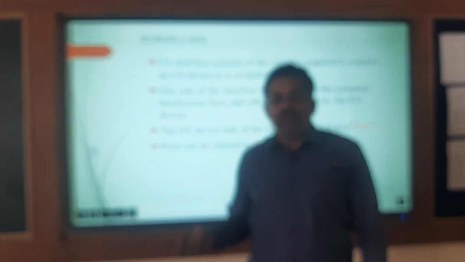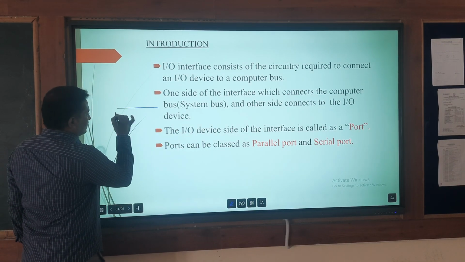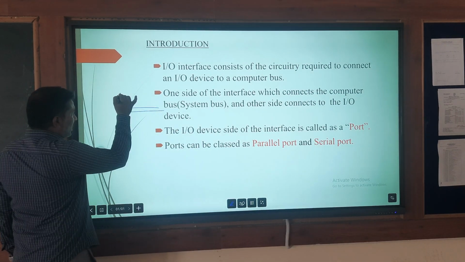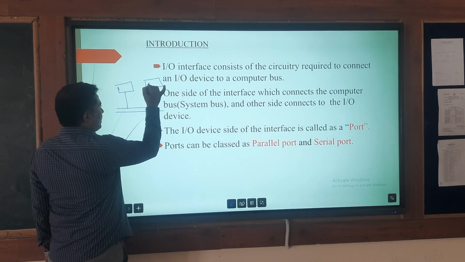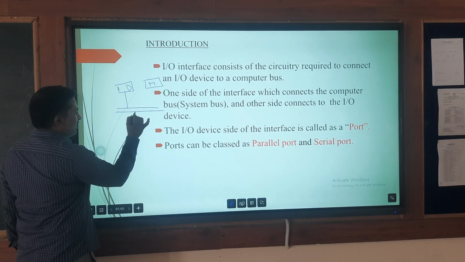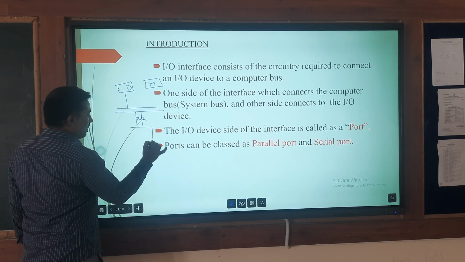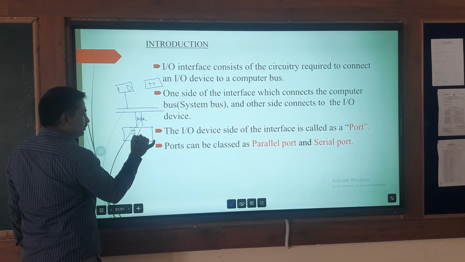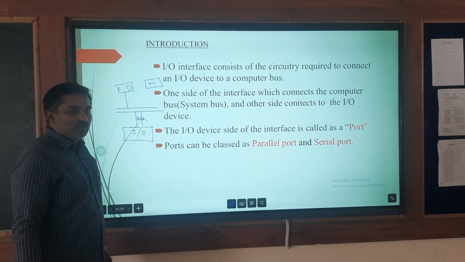For example, see my friends, this is my bus, and here we have the processor, and here we have the memory, and this is the interface circuit. With the help of the interface circuit, we connect the input-output devices to the system.